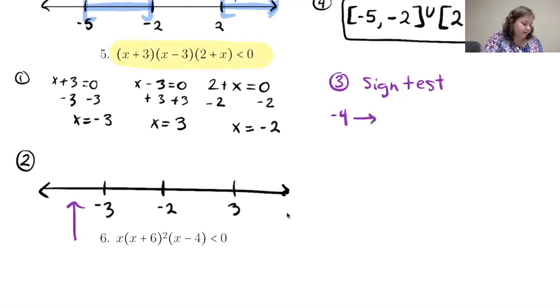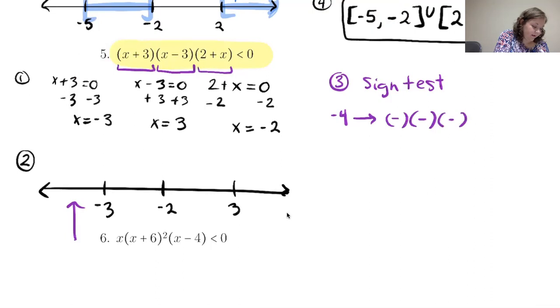If we look at the first term, -4 plus 3 is going to be negative. And then -4 minus 3 is also going to be negative. And then 2 plus -4 is going to be negative. And we see if that is less than 0. So negative times negative times negative is a negative.